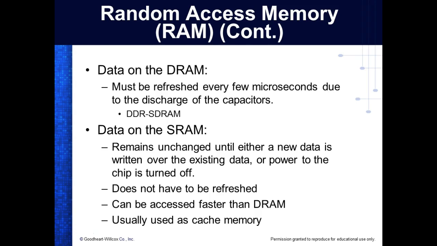What they did with DDR, it's called double data rate. It can transfer information on what we call the rising edge and the falling edge. So basically you get twice the throughput of the clock. So it's called double data rate synchronous SDRAM.